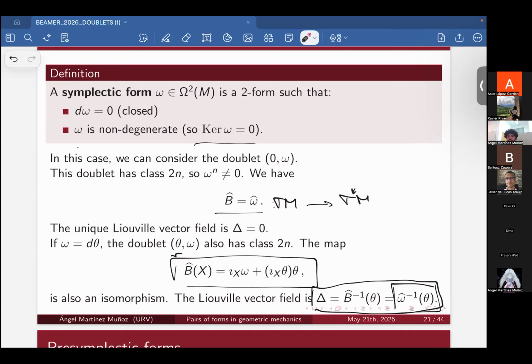It was certain things like, for example, when you have the B hat, you can take the transpose of it, and you can compose them to have certain morphisms from TM to TM, for example, or T star M to T star M, and you have the endomorphisms, and to understand the eigenvalues and things like that in these cases.